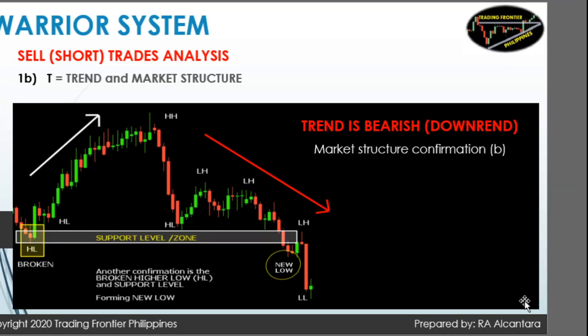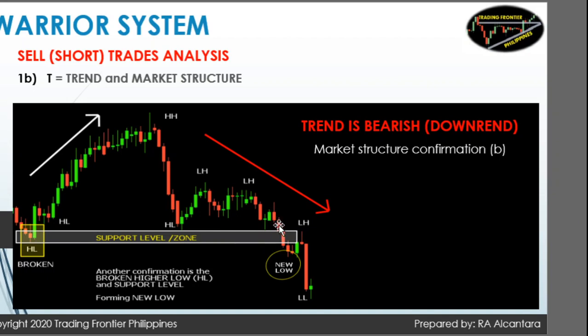Okay, what is another confirmation? This is part of the trading methods in my episode on mastering trading methods. We combine certain analogies and basic concepts to form a simple system that will help us improve our trading. So again, use leveling. We all know that this was once a support level or zone.